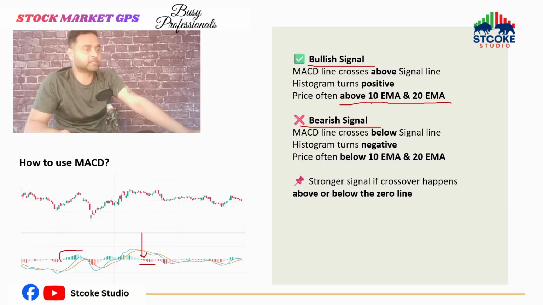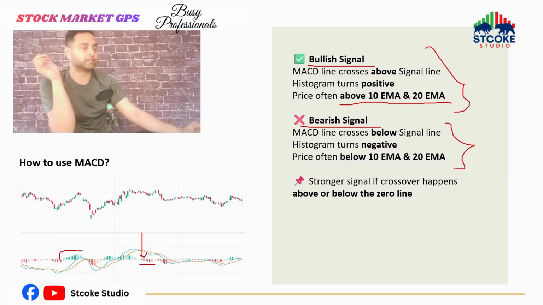For example, if price is above 10 EMA and 20 EMA and there is a positive crossover on MACD, it's a complete confirmed bullish signal. The same is true here. If the price is below 10 EMA or 20 EMA and there is a negative crossover, then it's a confirmed indicator that price is going to go down further.